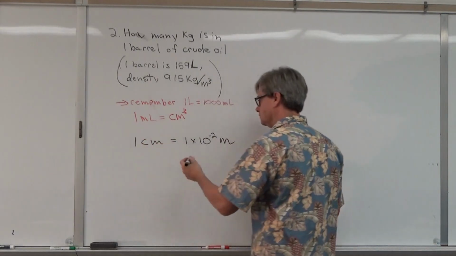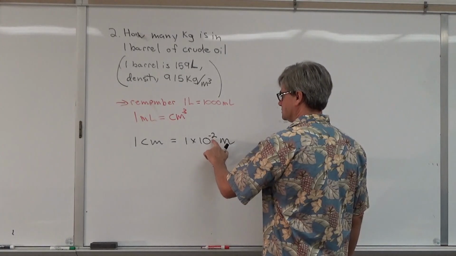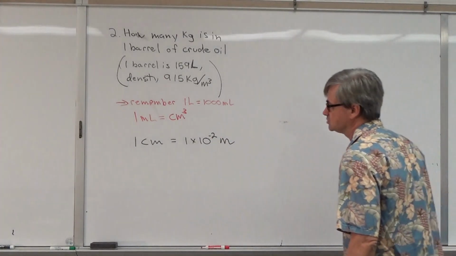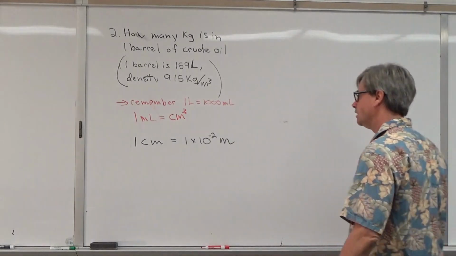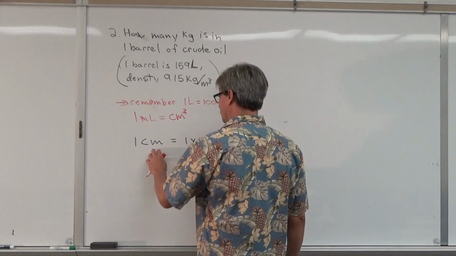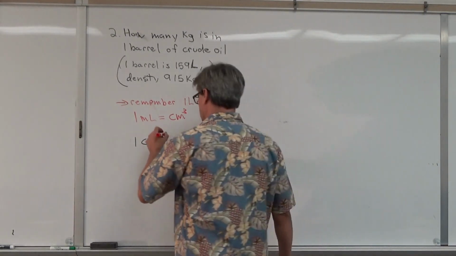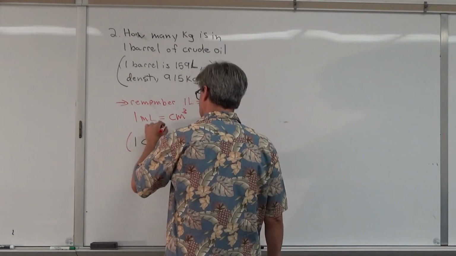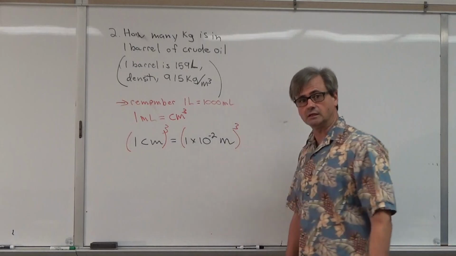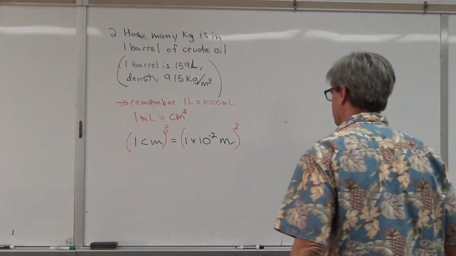Centi is 10 to the negative 2, it's 1/100th of a meter. If you want to know how many cubic centimeters are in a cubic meter, you simply raise each side to the power of 3. Totally legal move. You haven't changed the equivalency there.